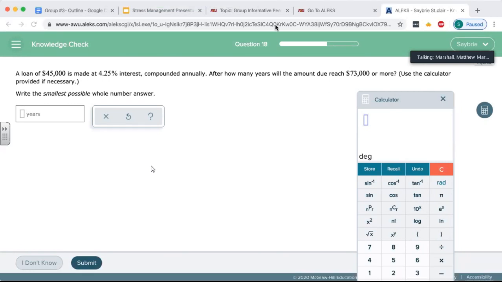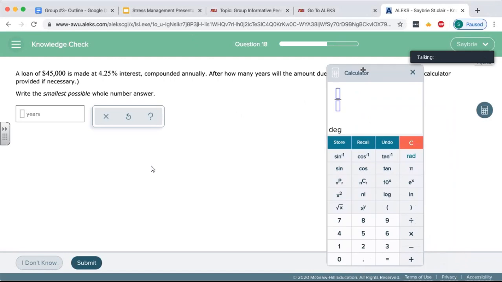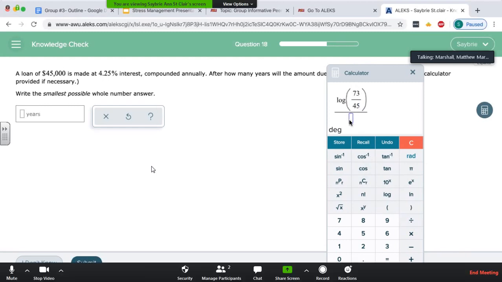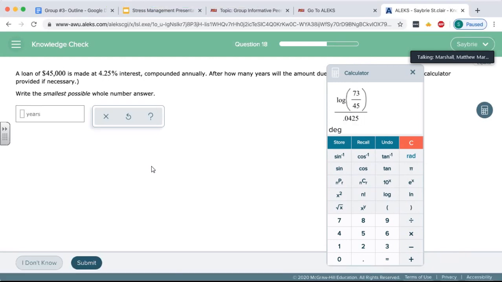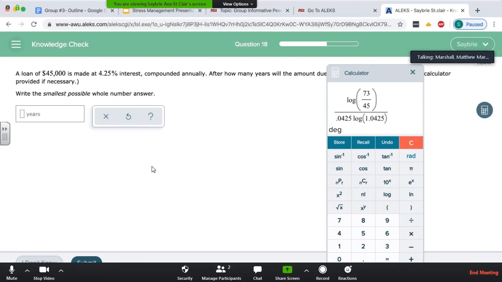Got it. So log, and then inside there, perfect. There you go, 73/45. Good job. No problem. Bottom. Yep. Yes, good job.